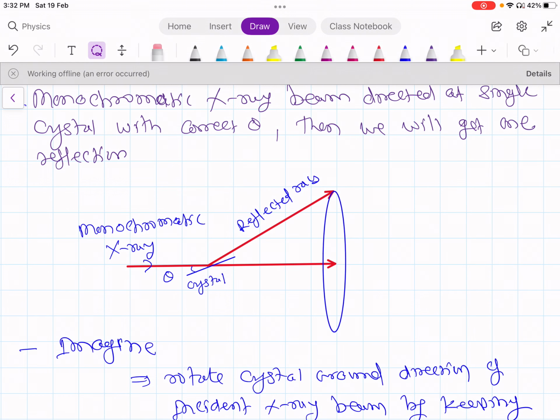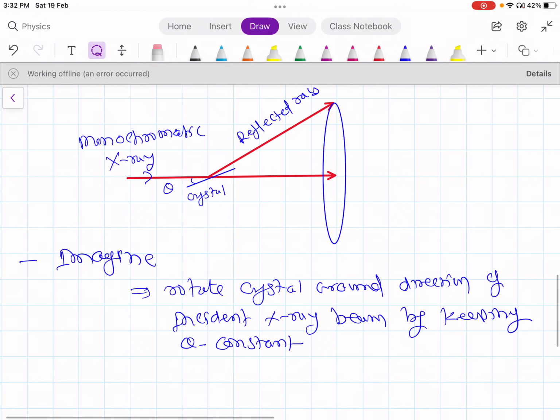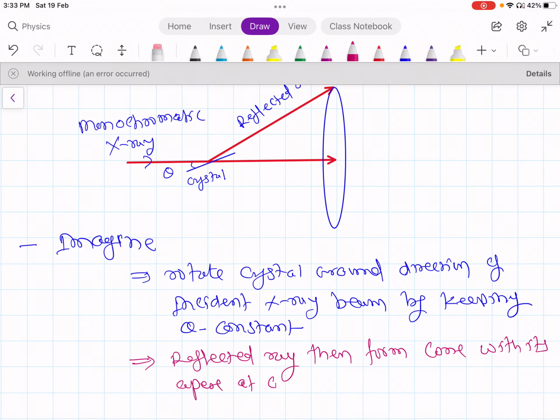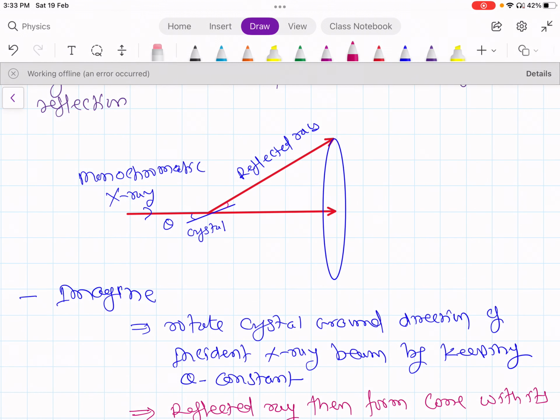So the cone is formed. This reflected ray will form a cone with its apex at the crystal, and this angle is theta over here.